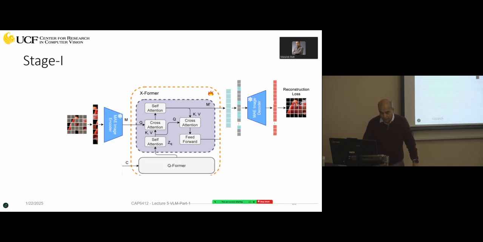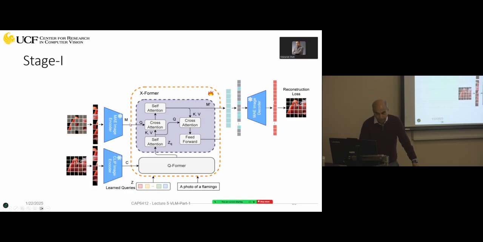But the difference was that you also take the image to the Q-Former, get the queries, and do the cross attention between this MAE encoder and also the CLIP encoder. So you're using both information sources. CLIP is contrastive, MAE is the masked autoencoder, and you combine those.